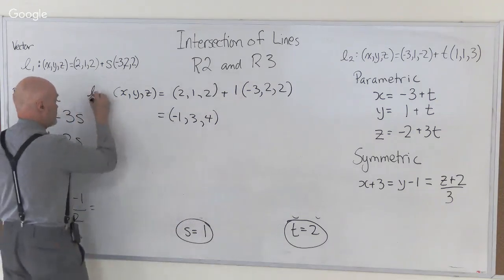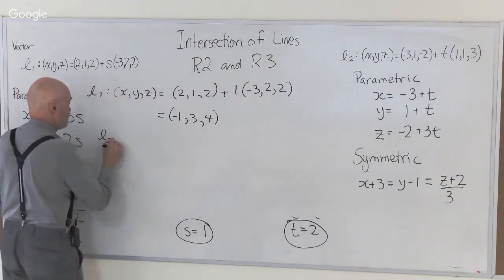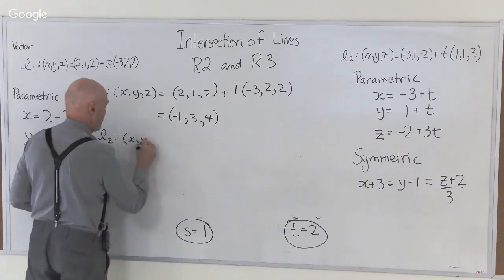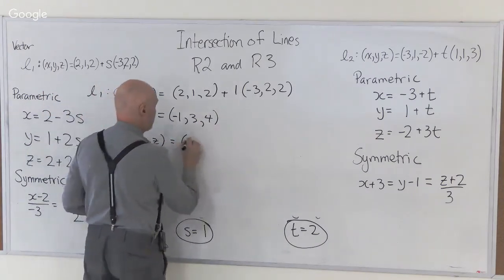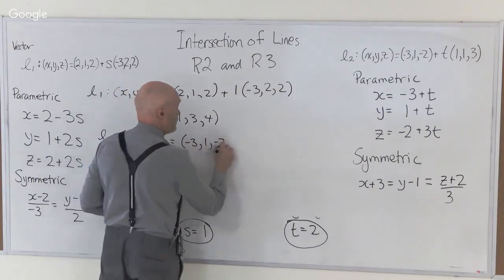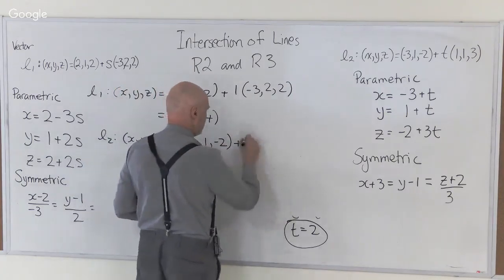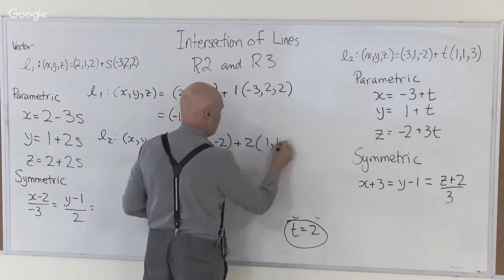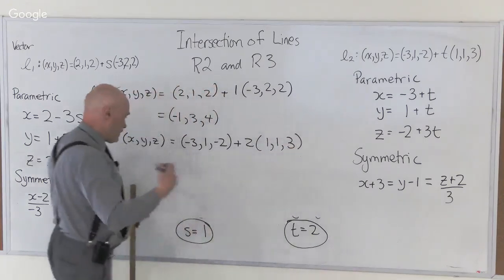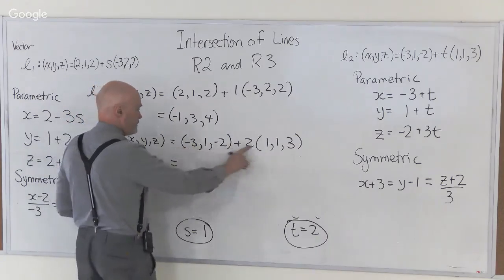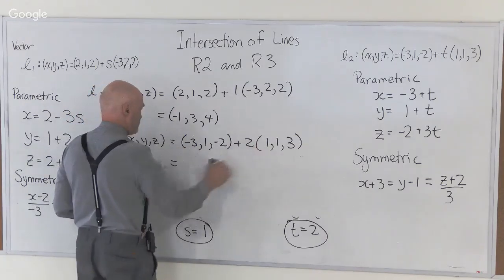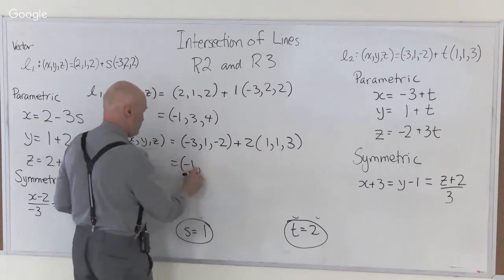Now, for line 2, x, y, and z is equal to -3, 1, -2, plus 2 times 1, 1, 3. Okay, we're looking for the same x, y, and z value here. So -3 plus 2 times 1 is -1.